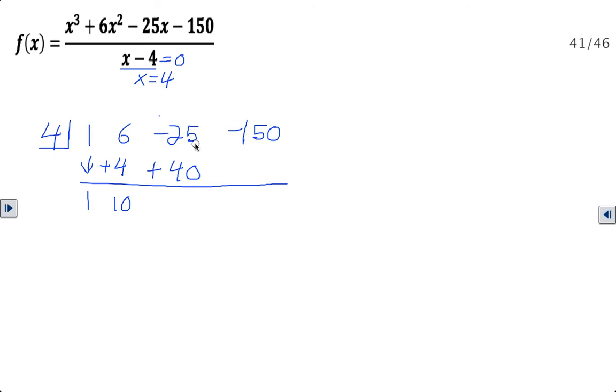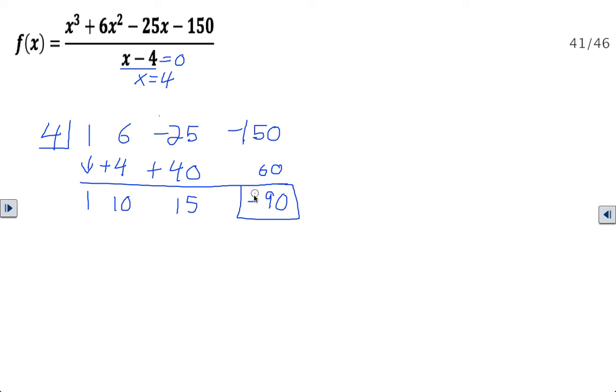Negative 25 plus 40 is a positive 15. 15 times 4 is 60. So my final number is going to be a negative 90.